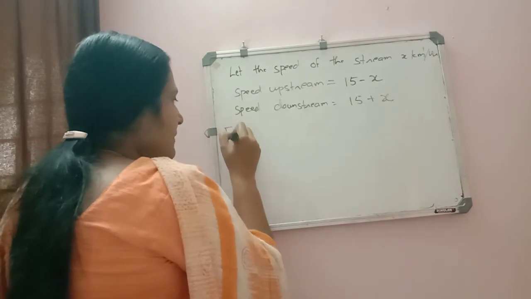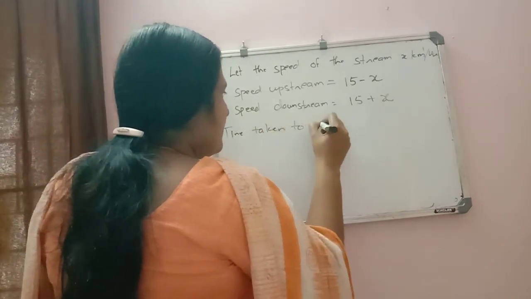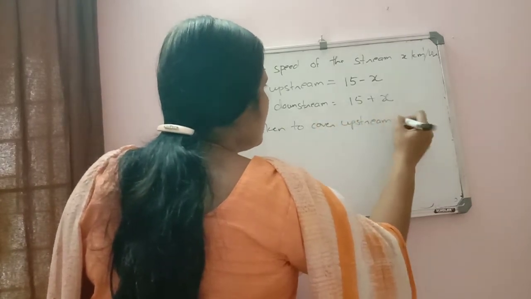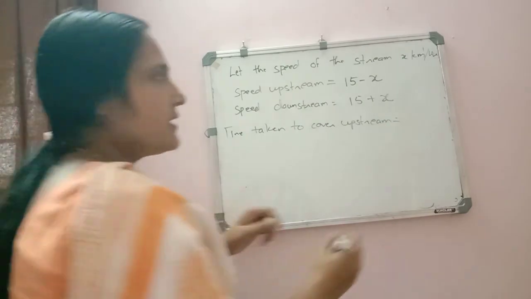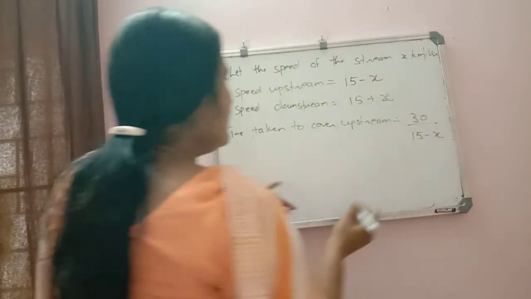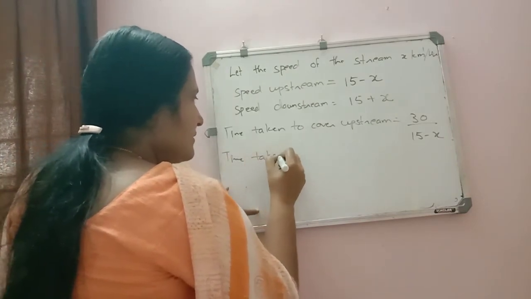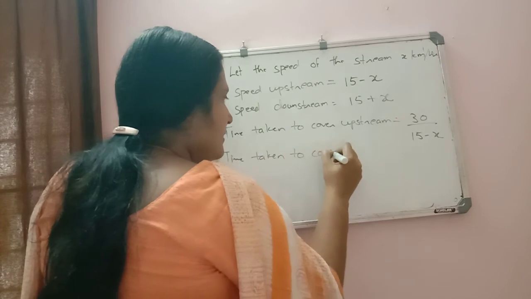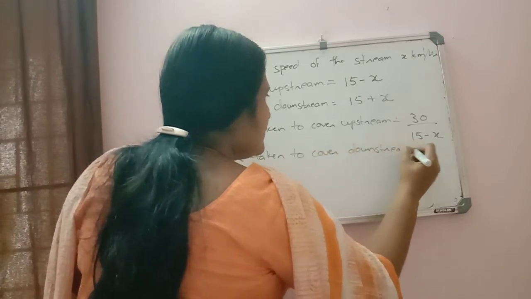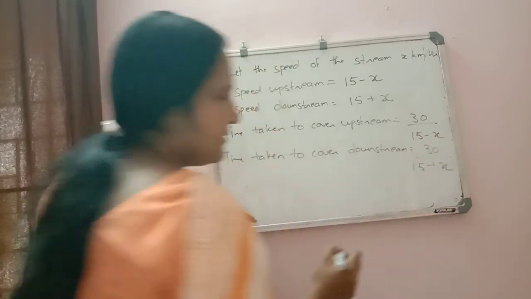So we will write the time taken to cover upstream. Time taken to cover upstream is equal to distance covered, 30 km, divided by speed, so it is 30/(15 minus x). Similarly, time taken to cover downstream, the same distance, is 30/(15 plus x).